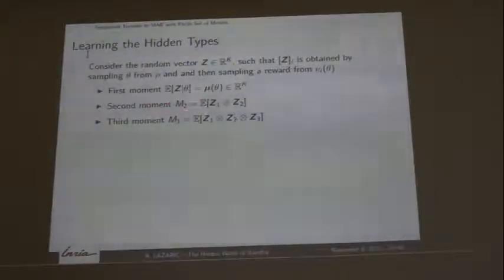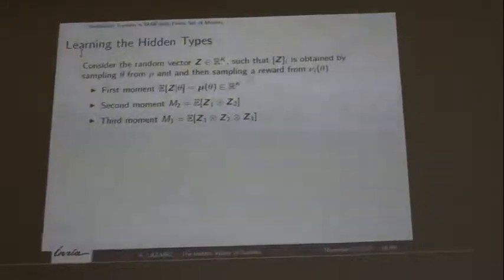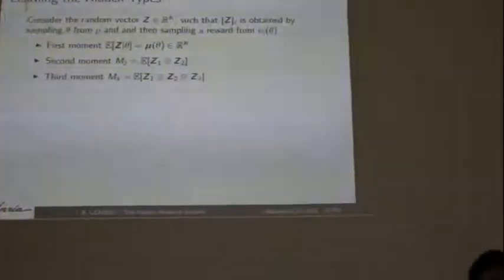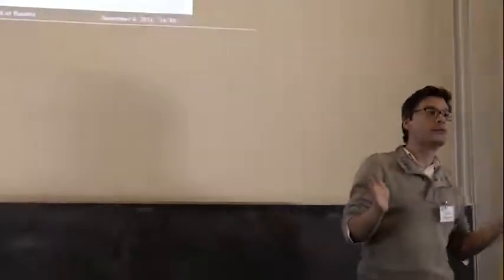Then you can also construct the second moment and the third moment. The reason why the second and third moments are interesting is that we can exploit the fact that the arms are independent of each other, because for each given theta the arms are independent, and from sampling one arm we obtain IID samples. What we get is a very nice rewriting. We can rewrite the second moment this way.